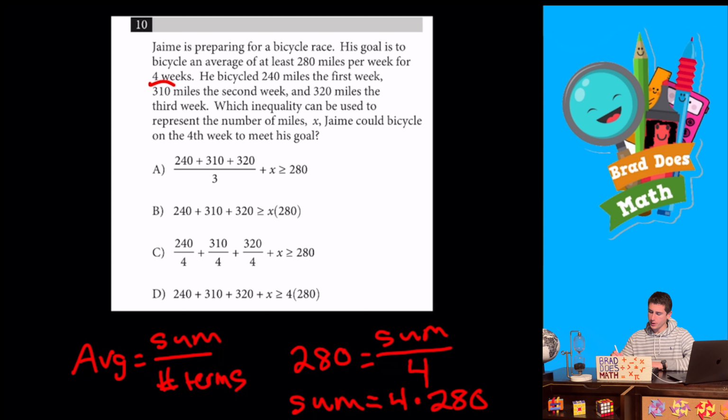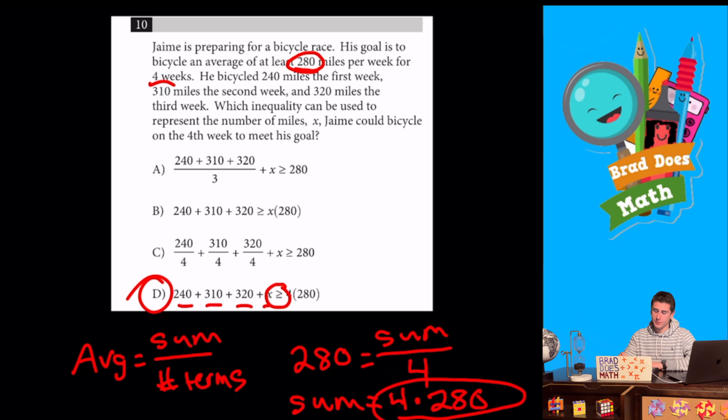I shouldn't write it equals 4 times 280. It says that he averaged at least 280. So the sum should be at least this. And it looks like D. D adds up all 4 weeks, and it's at least this guy.